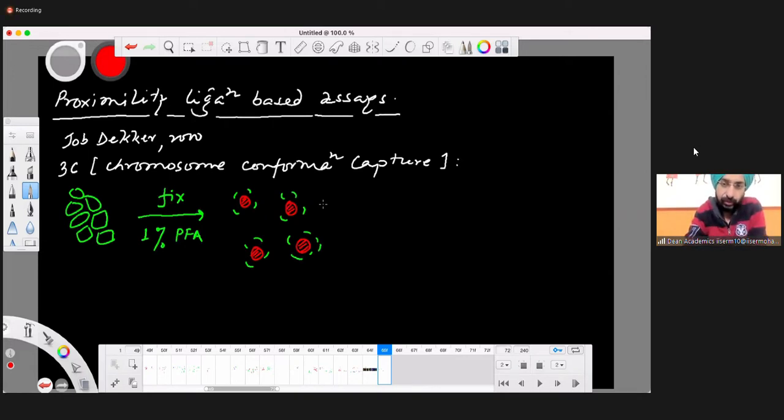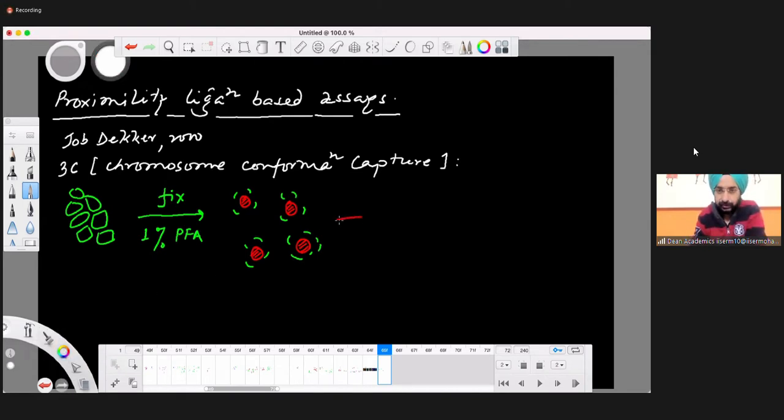Just to simplify things, digestion can also happen inside the nucleus. You permeabilize the nuclear membrane using some reagents and then add your restriction enzyme, and it will do the digestion inside. The next step is to do the digestion.